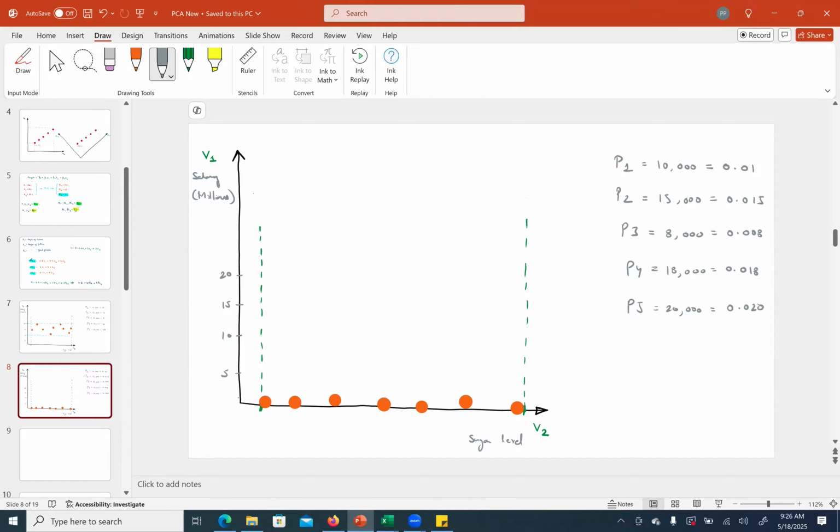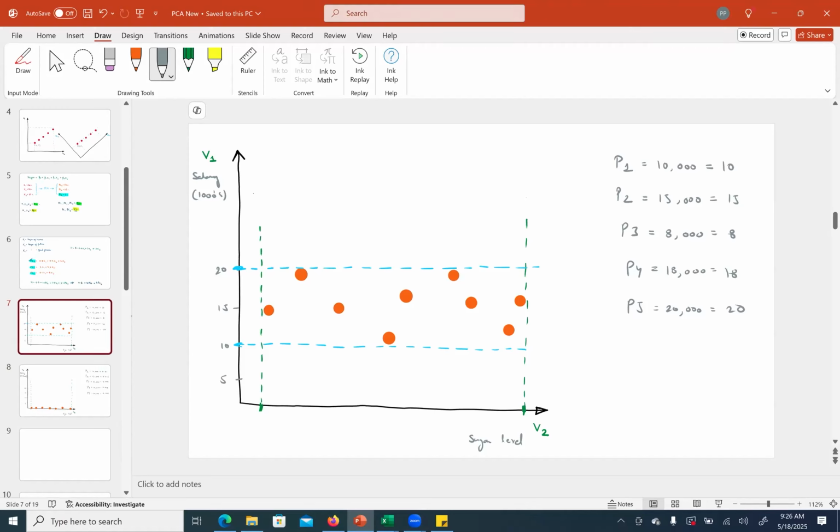So it is important when we are doing PCA that we standardize the variables. It is also a distance-based algorithm. We should standardize the variables when we are doing PCA so that the units do not impact how your data is distributed.